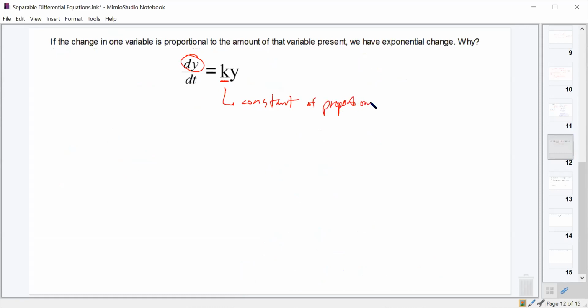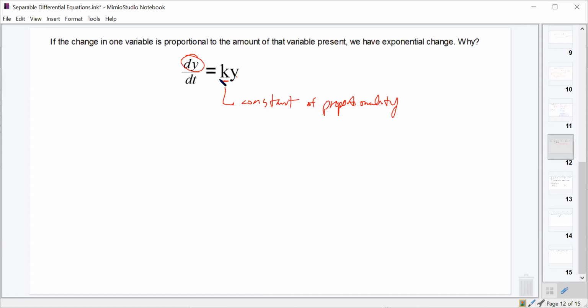For any particular problem, it's a different number, just some positive constant times y. So the change in y with respect to time is proportional to the amount of y. That gives exponential change, both growth and decay. The change in one variable is proportional to the amount of that same variable.